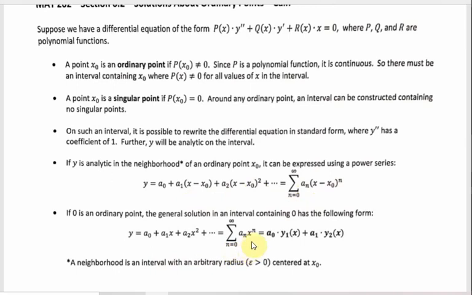And then here's the key point, that you'd be able to write y like this. So a0 times y1 plus a1 times y2. The a0 and the a1 are arbitrary constants, and the y1 and the y2 are going to be series. Well, I guess not always.